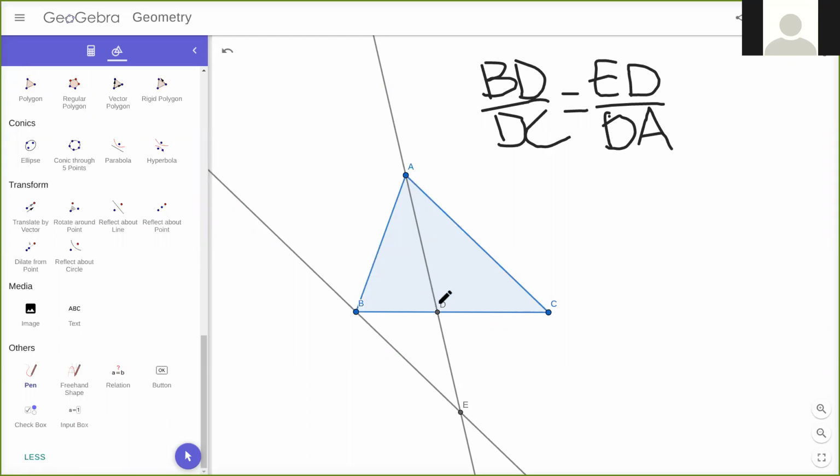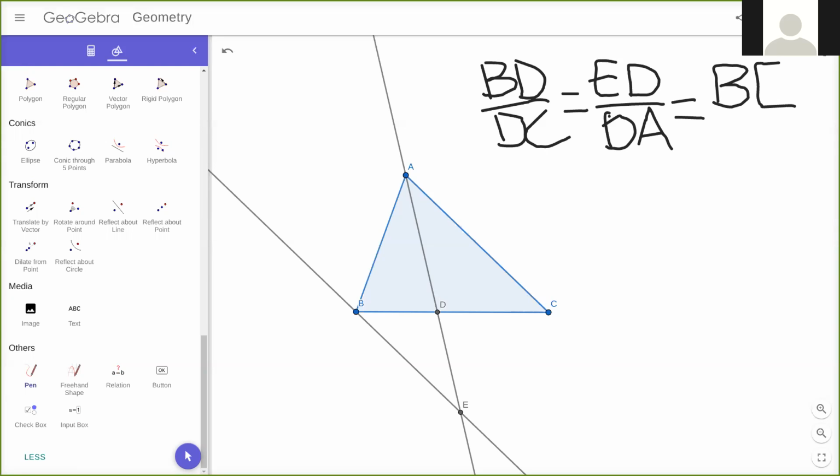But then it involves this DA thing right here and DE thing right here. Let's see if we can get a ratio that's easier to work with. Another ratio that is also equal to BD over DC because of the similarity is BE over AC.